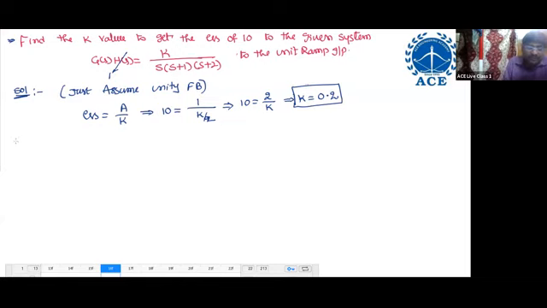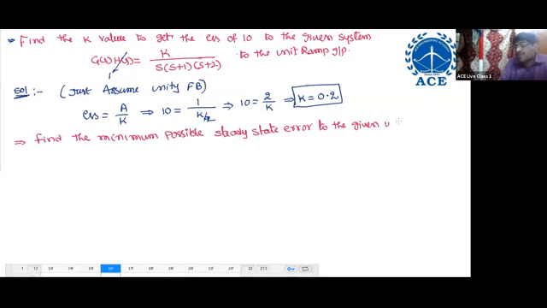So, last problem. Find the minimum possible steady state error to the given unity feedback system, to the unit ramp input.